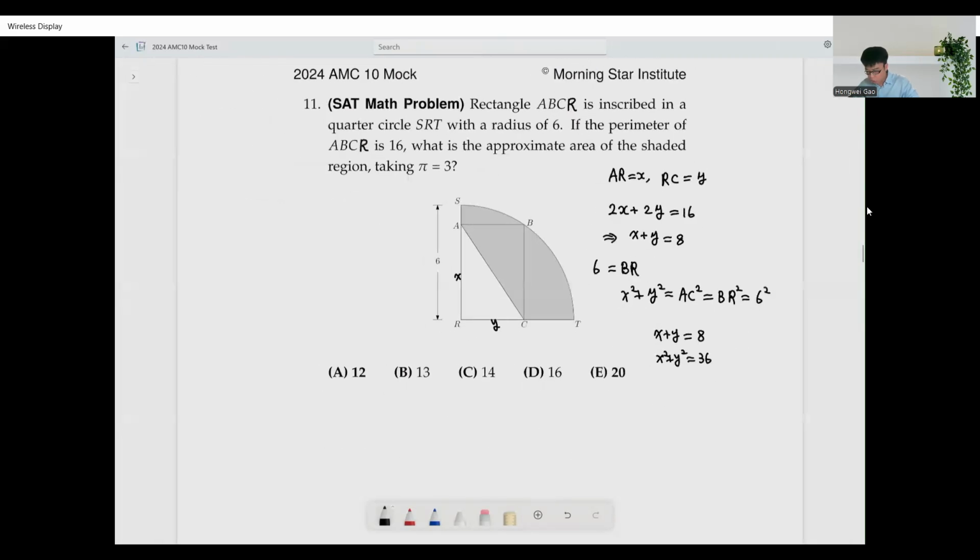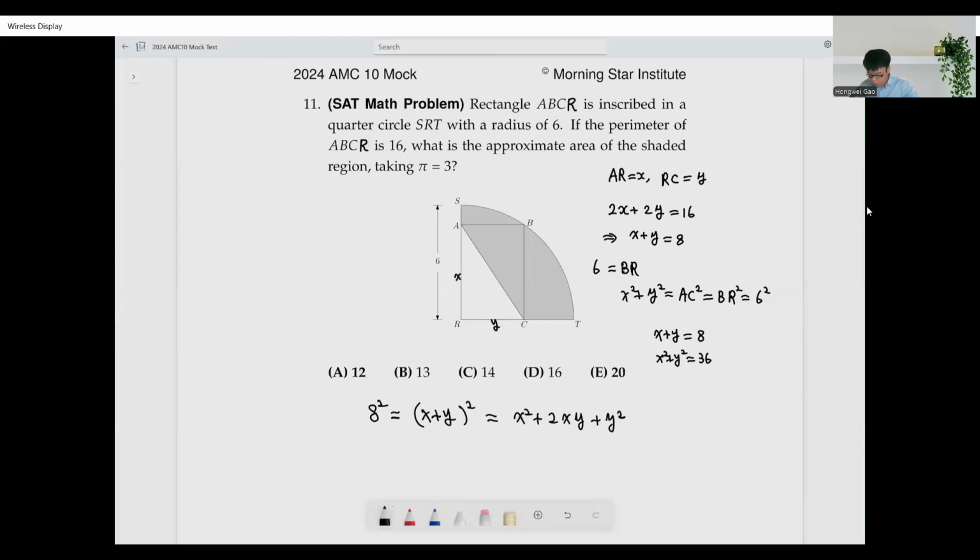In order to solve the areas, we can solve x times y, which is the rectangle's area. So that can be derived from (x plus y) squared. On one hand, it's 8 squared, 64. That is x squared plus 2xy plus y squared.